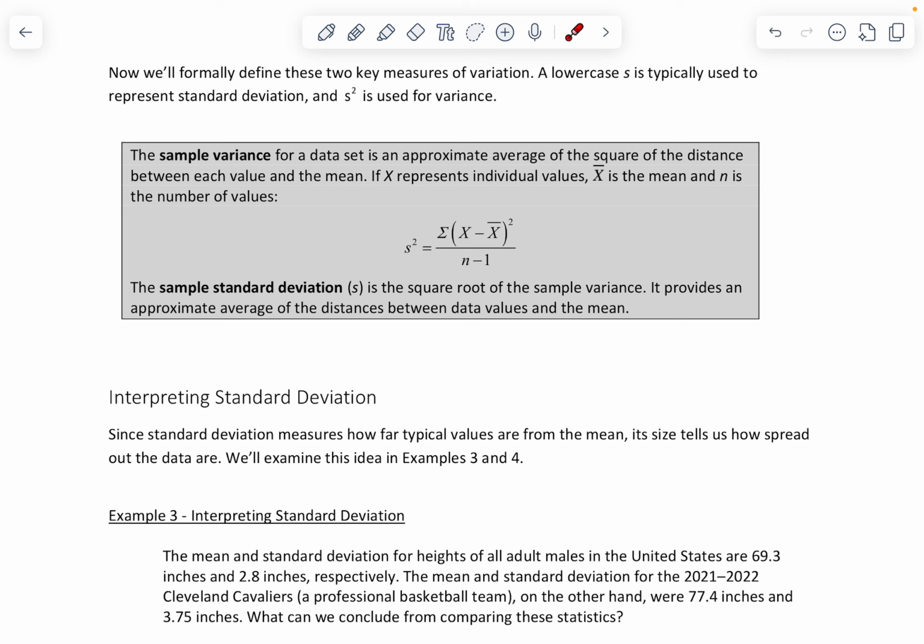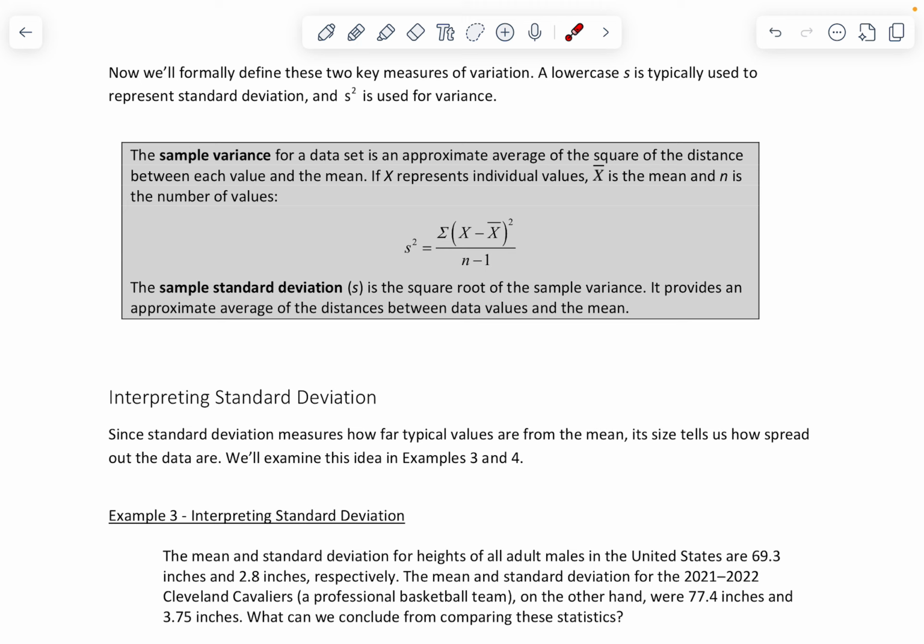The sample variance for a data set is an approximate average of the square of the distance between each value and the mean. If x represents individual values, x bar is the mean, and n is the number of values, then s squared, the variance, is equal to, remember this is the Greek letter sigma, and it means sum or add.